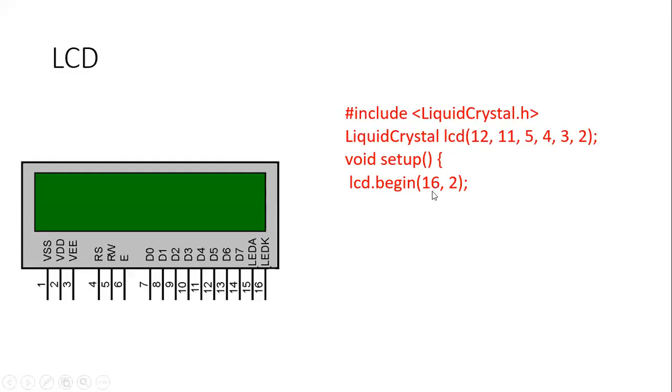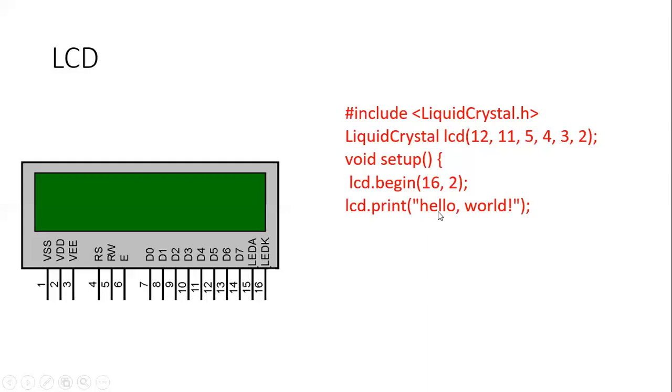16 characters are there, and there are two rows. Then we write the command lcd.print. Whatever characters you want to display on the LCD, we can specify within double quotes.